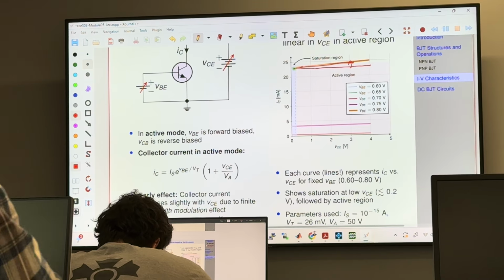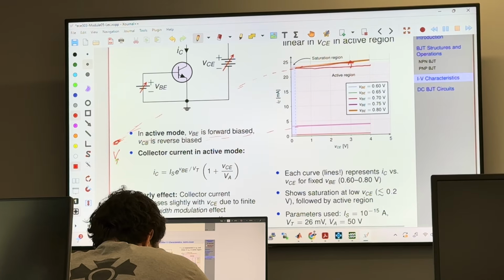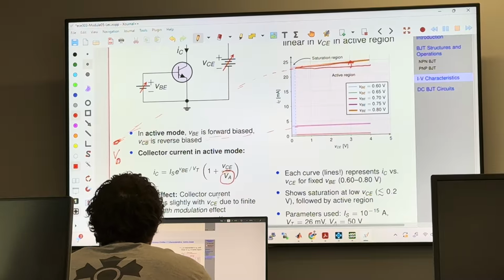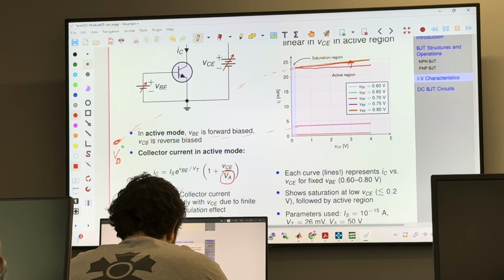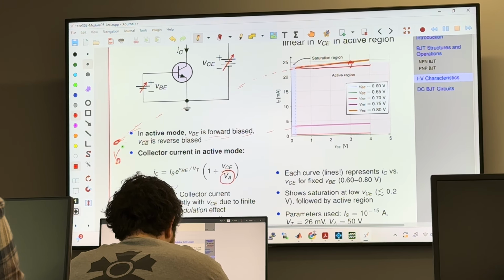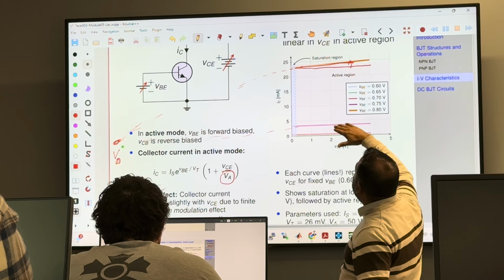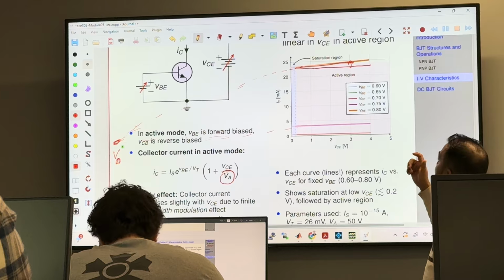If you extend this, they will at some point meet at a point, and that point is called early effect voltage, V sub A. Ideally the collector current would be flat in active mode, but it is slanted, there is a bit of slope right here, because of the early effect.